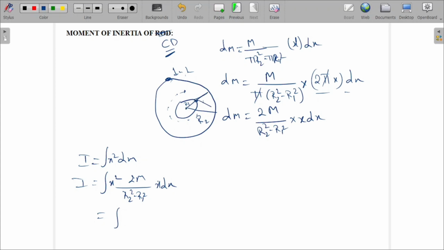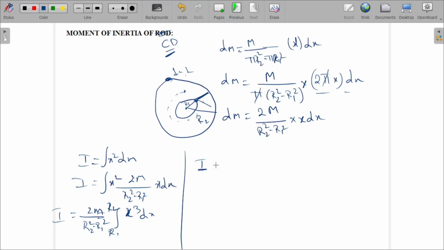So the limits are r1 to r2. 2M is constant, so can I write it outside? 2M by r2 square minus r1 square. That is the I. Remaining is x square into x, so it is x cube dx.